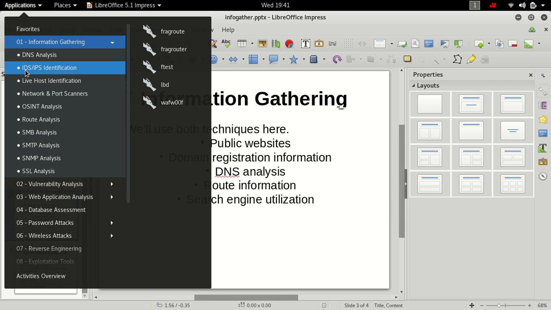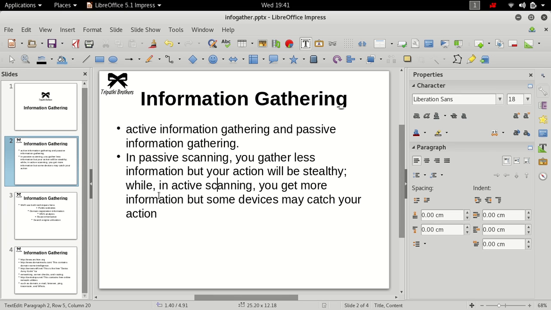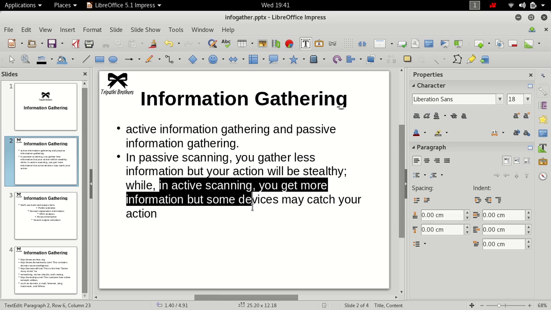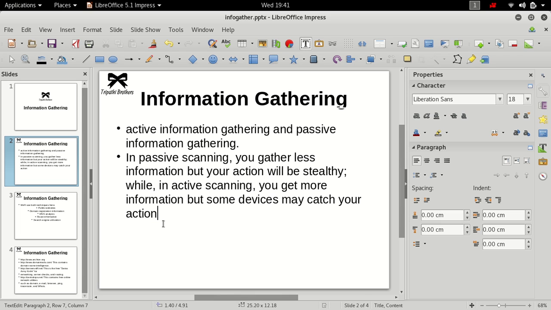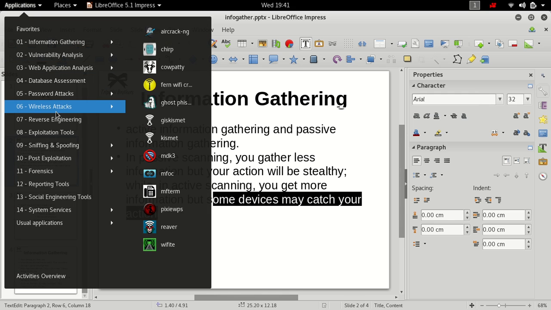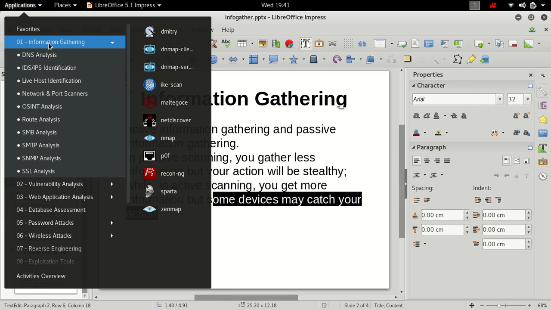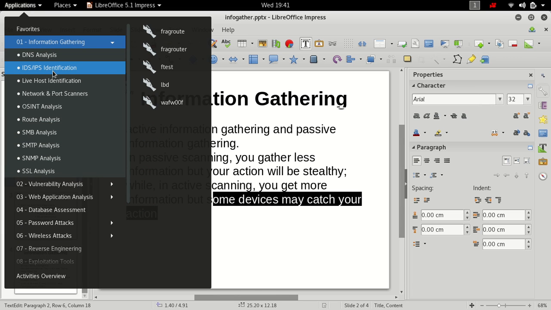What does an intrusion detection system do? As I already told you, in active scanning you get more information, but some devices may catch your action. Those devices are IDS and IPS. Both are hardware installed between the outside world and the host computer or the server.